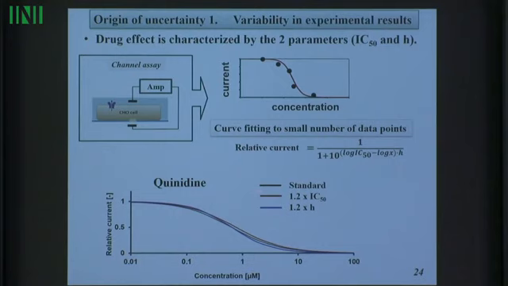For instance, when we increased these parameters, we observe a shift of concentration-inhibition relationships. It's very minimal, but the 20% change produces a very minimal shift of the curve.